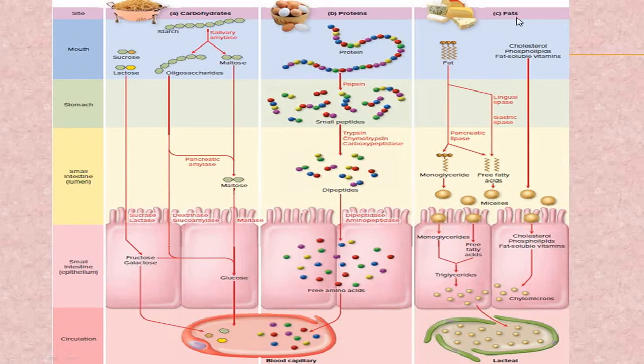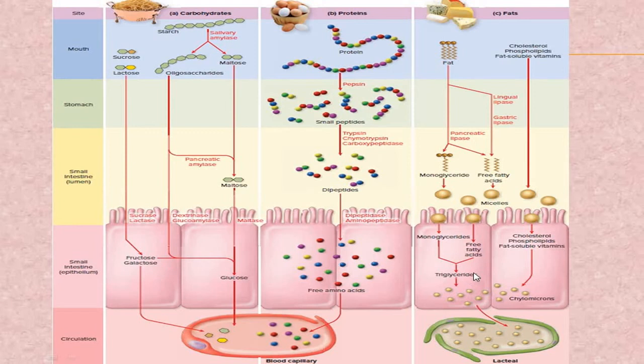And the third component, fats: their digestion starts in the small intestine, and the small intestine has pancreatic enzymes as well as intestinal enzymes which digest fats. They are converted into fatty acids and glycerol, then through micelles. Remember, micelles are the droplets which are made up of fatty acids and glycerol, surrounded by bile salts, and these micelles then help in the transportation of these fatty acids and glycerol to the epithelial cells of the villi, where they reunite and are surrounded by protein.